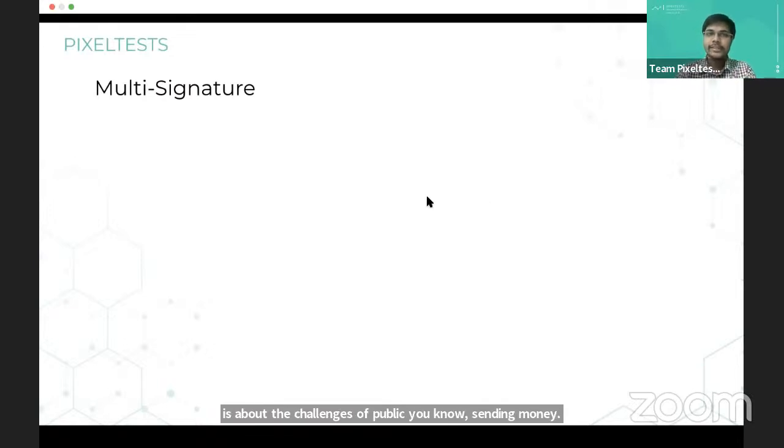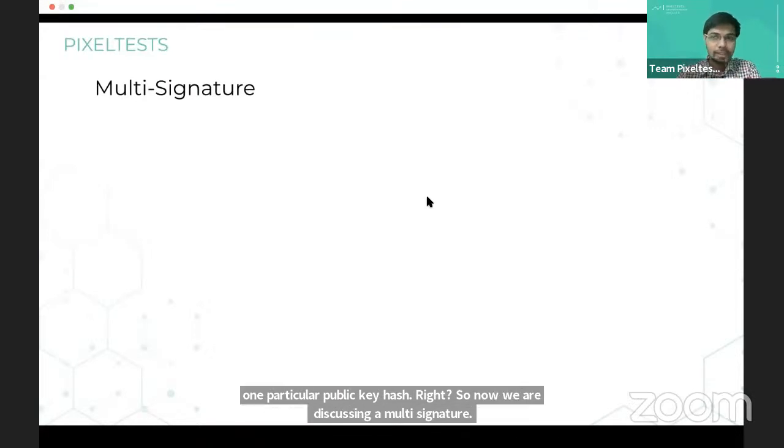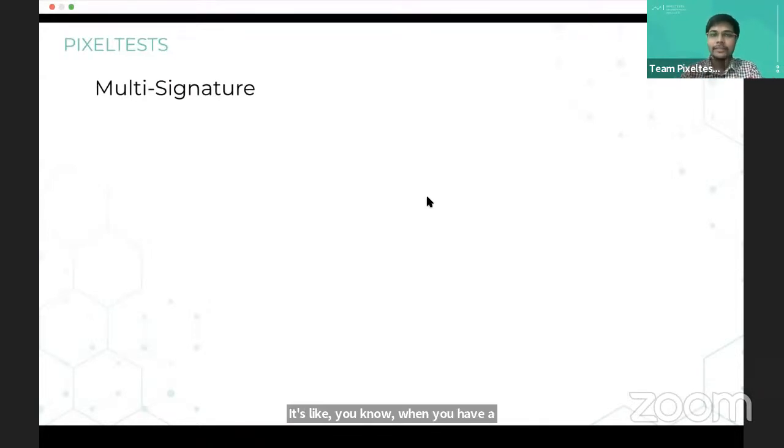So now we are discussing multi-signature. It's like a joint account with someone. If the account has four people, you can mandate that if any two people sign, or any three people sign, then the documents will be accepted and the check will be passed. A similar analogy exists in blockchain.